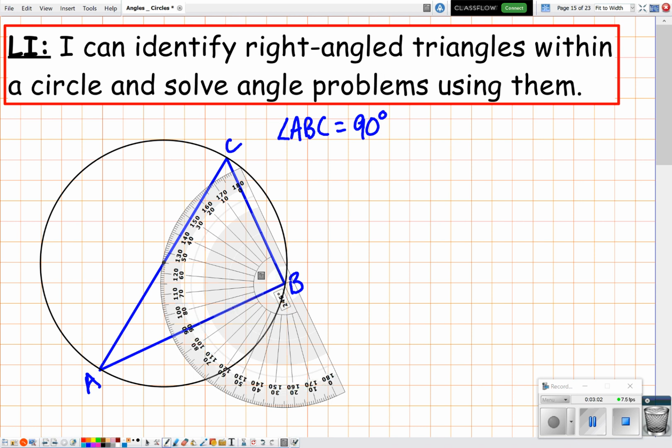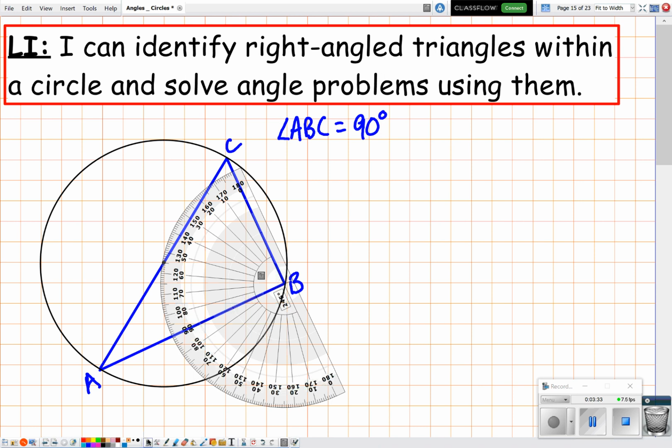Now, that scenario happens anywhere around that circle. So long as we've got a diameter and two chord lines that make a triangle, that triangle is always right angled. Always right angled. Usually when we're doing this in class, I would get each one of you to draw your own circle, draw your own triangle, so we've maybe got 30 different sized circles and triangles, and you would all get the same result.